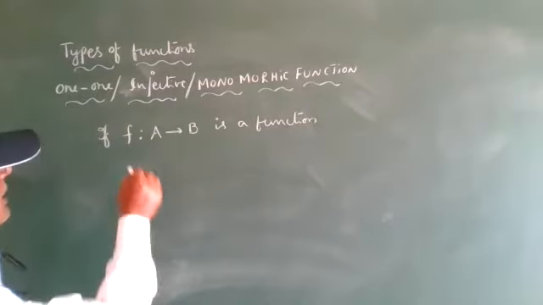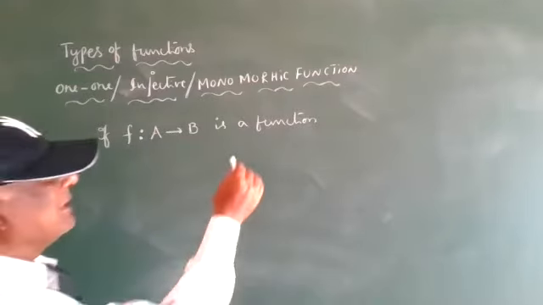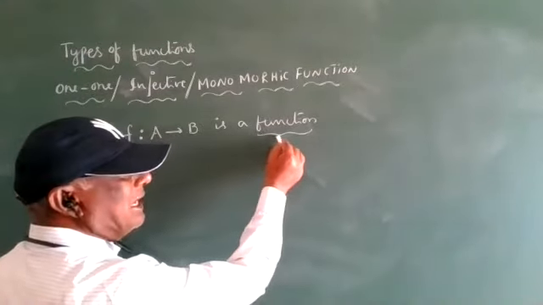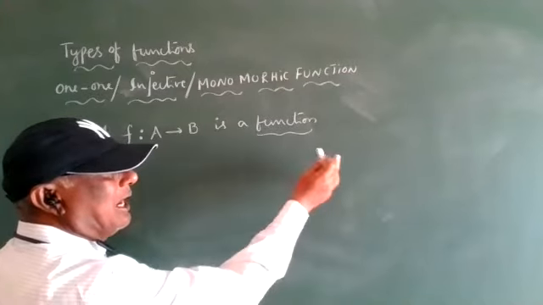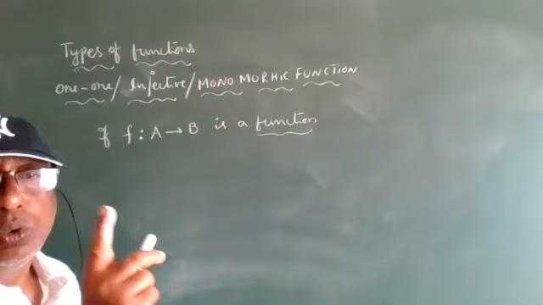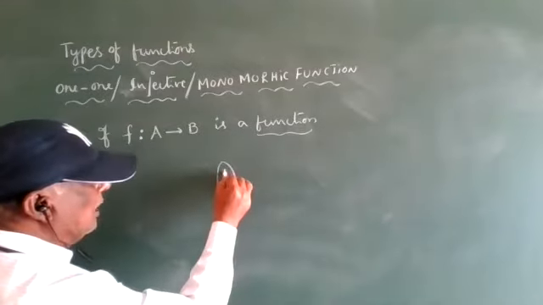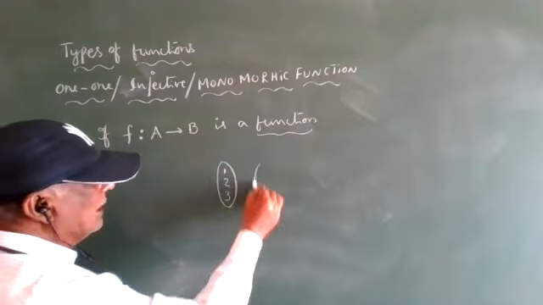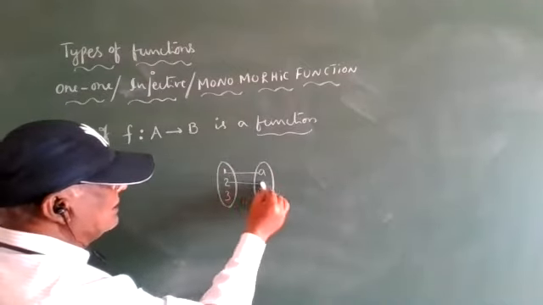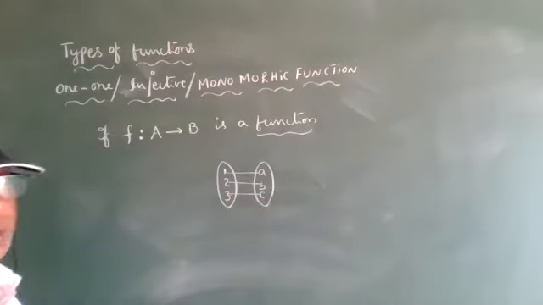So f is a mapping from A to B, and first it is a function. What does function mean? Every element of set A has images, and two images never have one pre-image. See 1, 2, 3 and A, B, C. Now this is a one-one function.